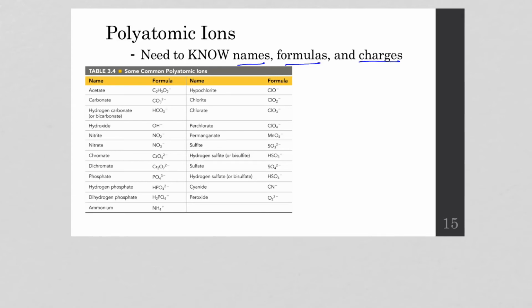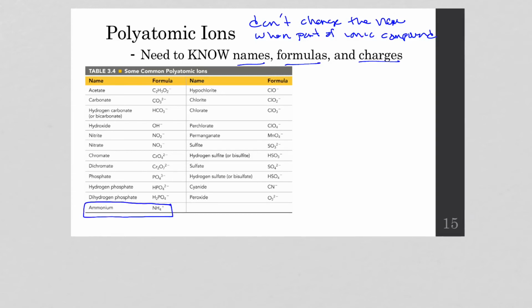Now, one thing that will be slightly different here is that we don't change the name when part of an ionic compound. So you'll notice that almost all of these are negative ions, right?